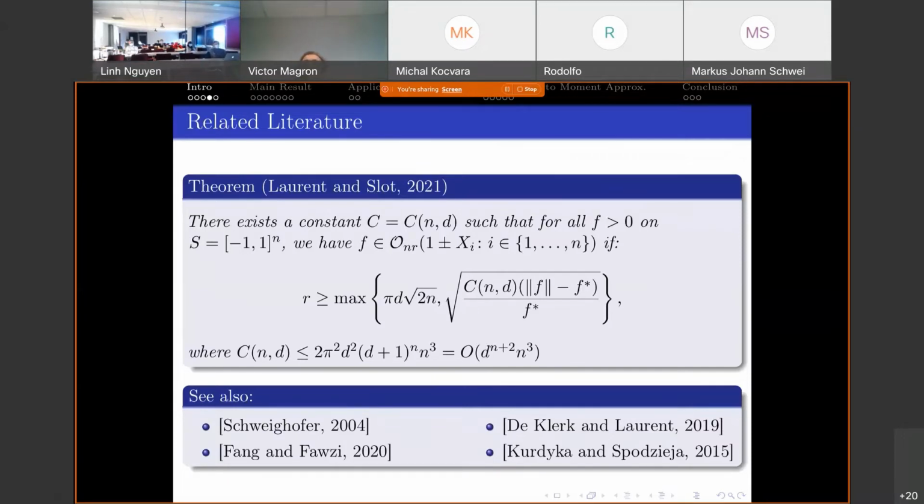And this m will have a dependence on epsilon, let's say, on epsilon to the power L. And then you compose it, and then you have epsilon to the power L times n. This is how you get this n. So of course, any improvement here would get an improvement in our result directly.